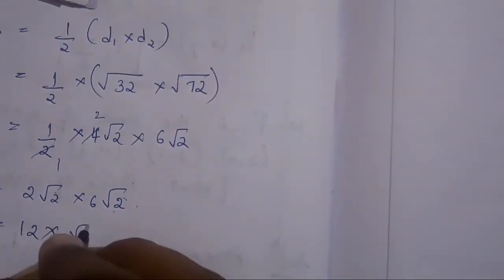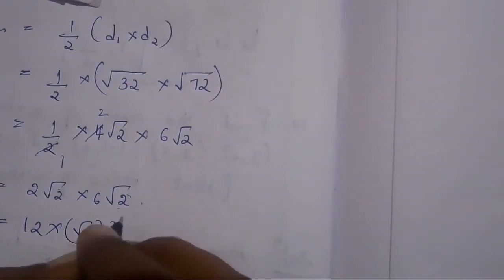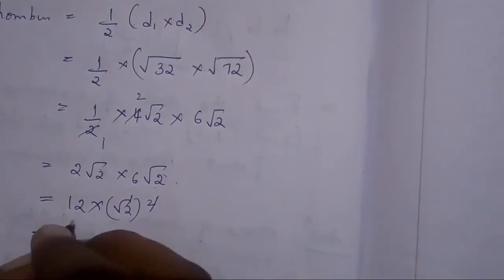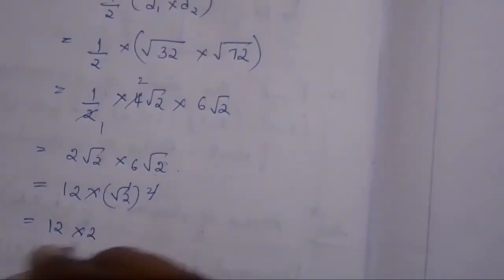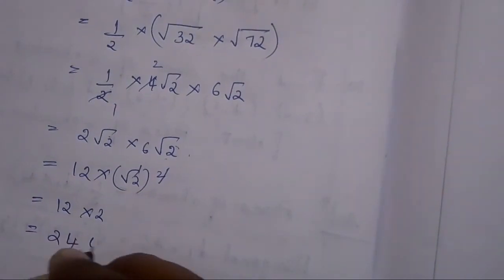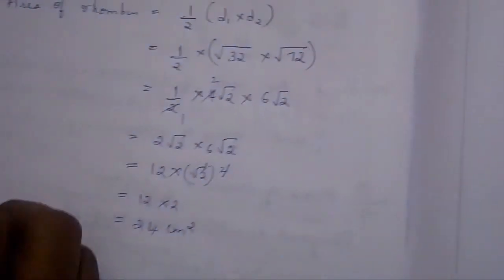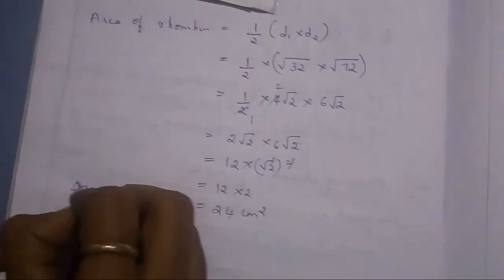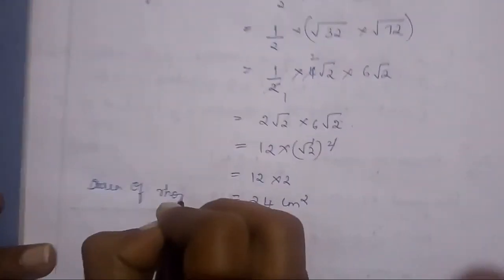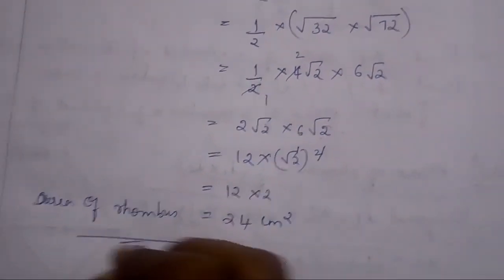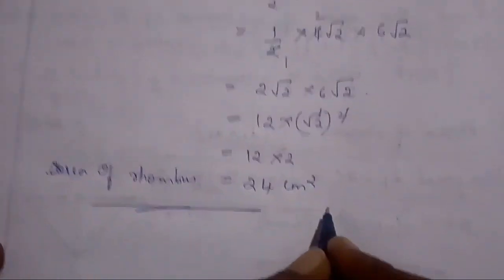Root 2 into root 2 means root 2 whole square, that is the root and square get cancelled, so 12 into 2, that is 24 centimeter square. That is, the area of the rhombus is equal to 24 centimeter square.